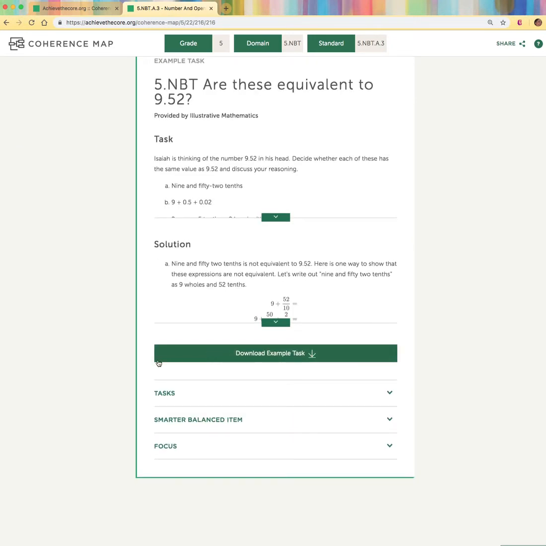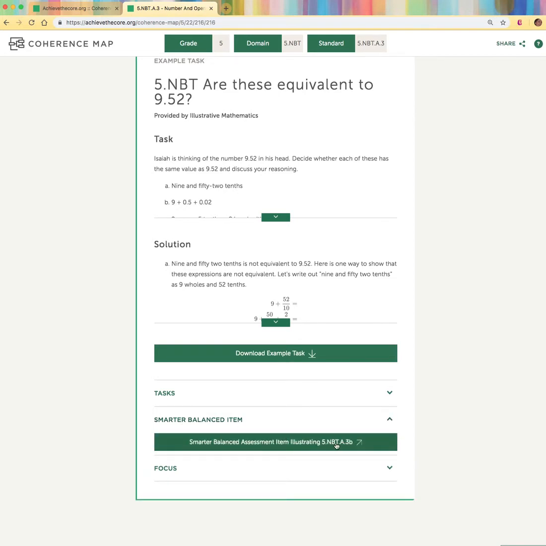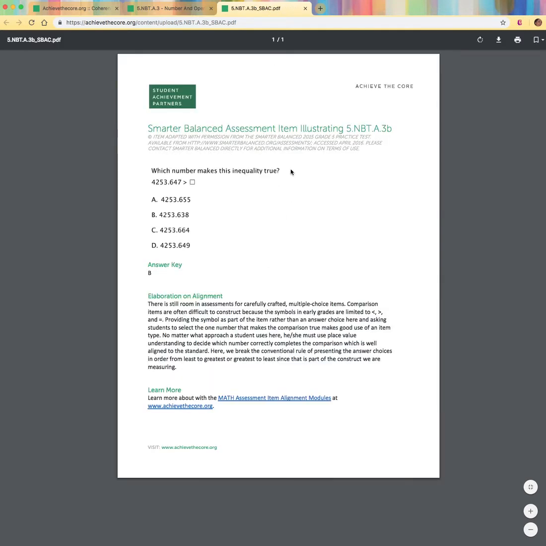And you'll also find Smarter Balanced. That is another company that creates statewide assessments like our PARCC. So if we were to click on the Smarter Balanced item, we would be taking a look at a public release from the company Smarter Balanced for this question. So it's a question that I might want to make use of in some way.